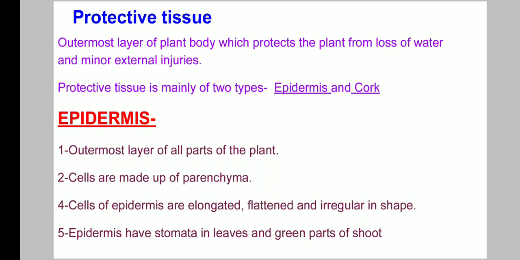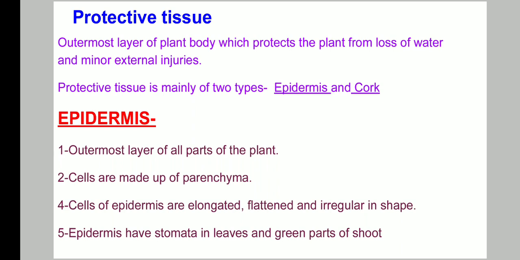Cells of epidermis are elongated, flattened, and irregular in shape, and the epidermis has stomata in leaves and the green parts of the shoot. If the stem is green in color, it contains chlorophyll or some pigment.